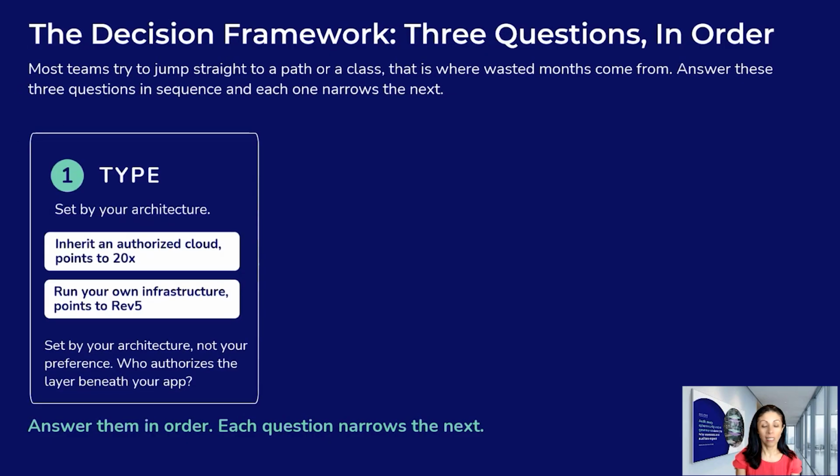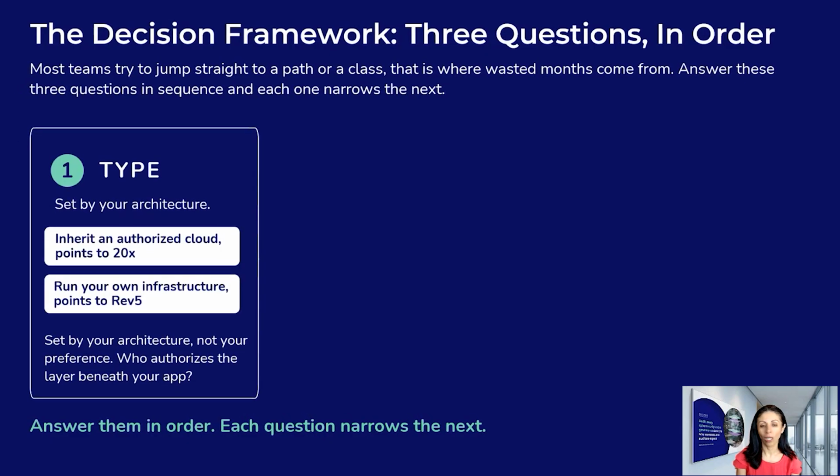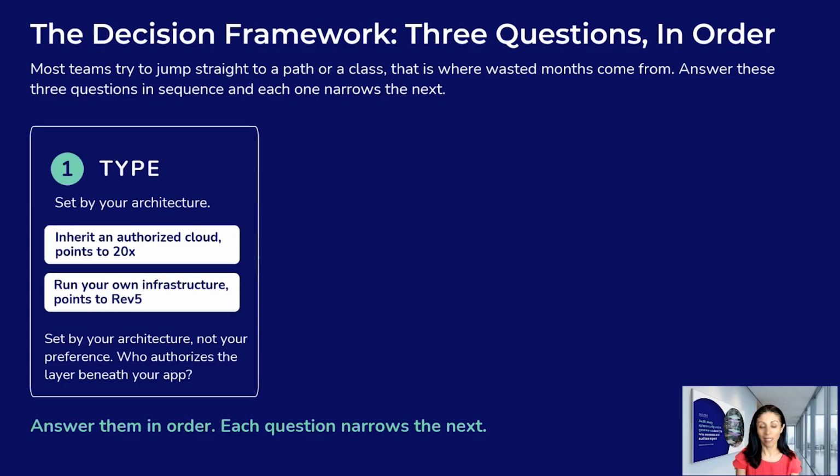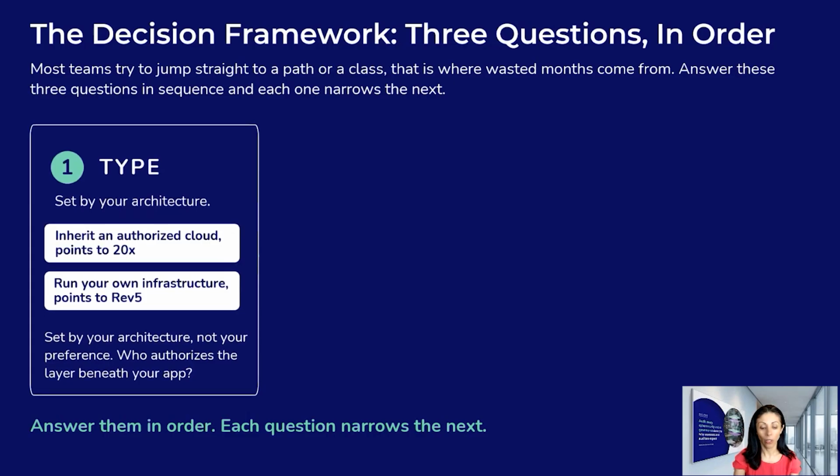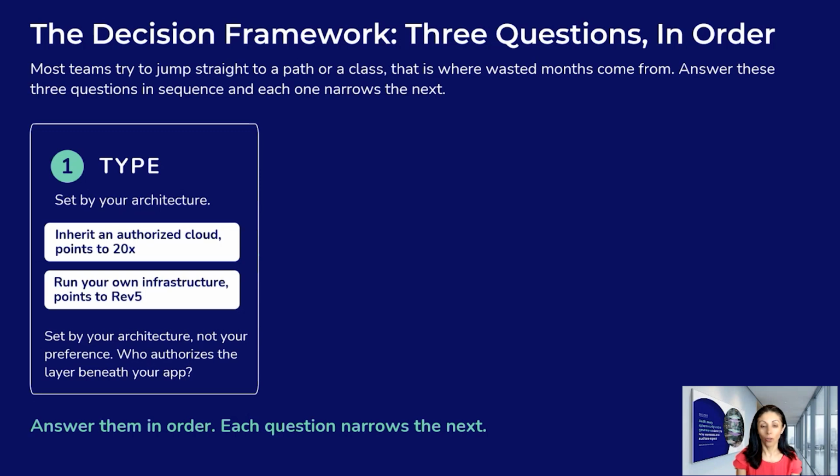The type is set by your architecture. If you are a cloud native company that is inheriting the PaaS layer, the platform as a service layer, from your cloud service provider, then that points you directly to 20x. If you run your own infrastructure, you don't have cloud native infrastructure, then that points you into Rev5.